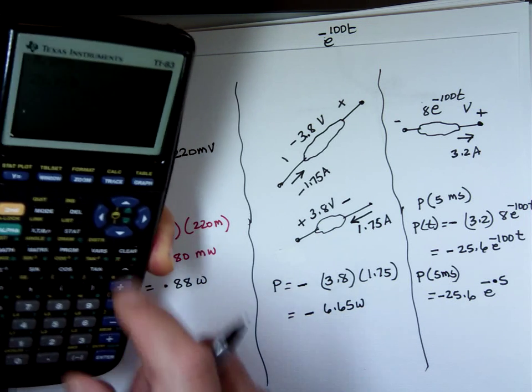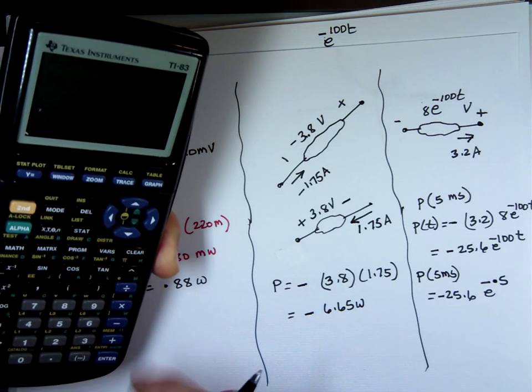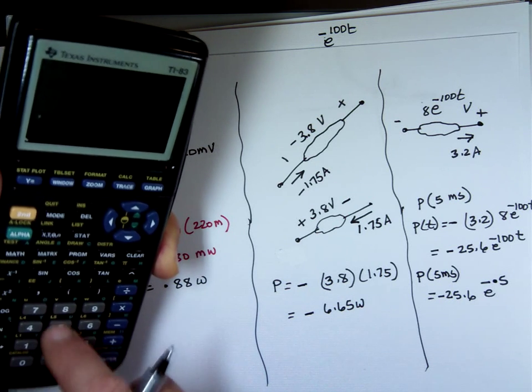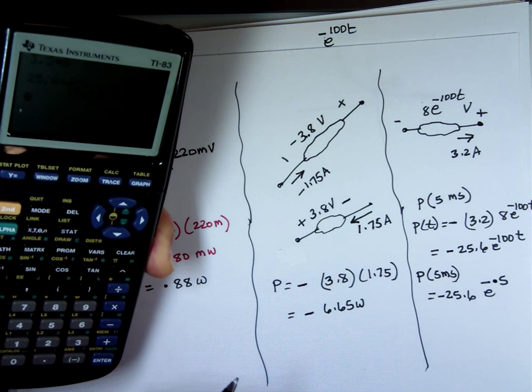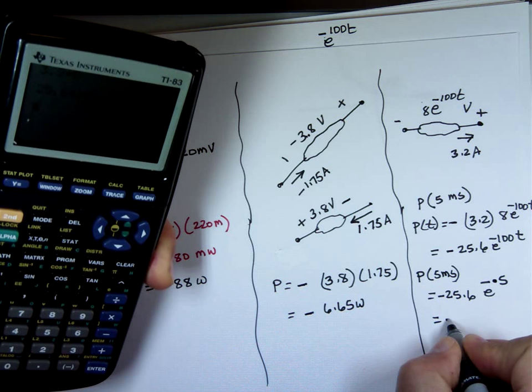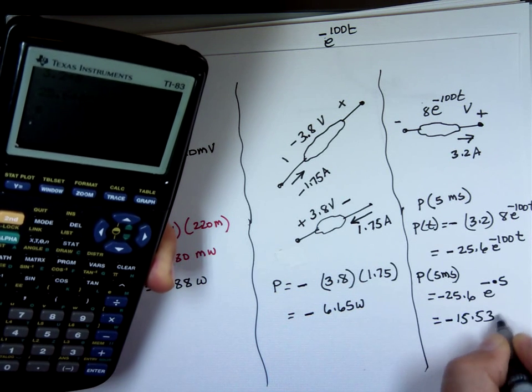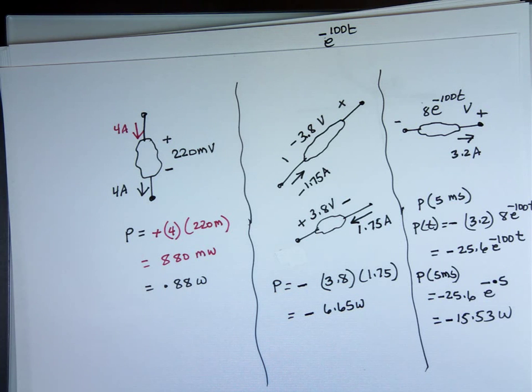E to the negative 0.5. Negative 15.53 watts. So at that time, that's how much power is being supplied, because that's a negative, supplied by the source. Okay, that's the first part.